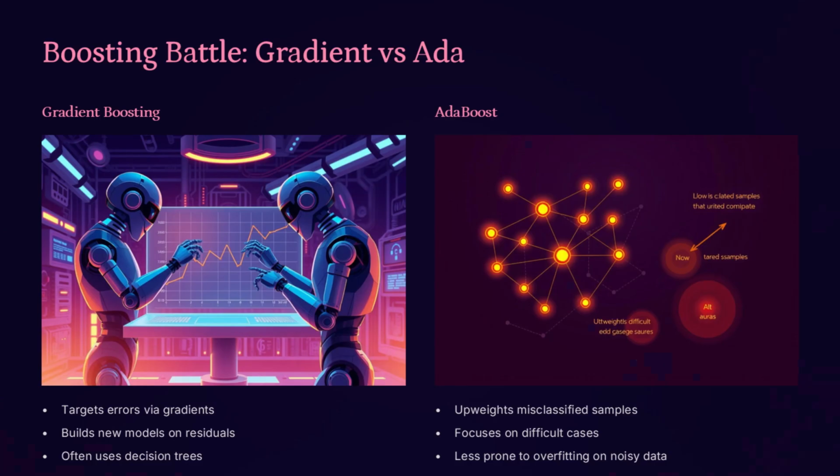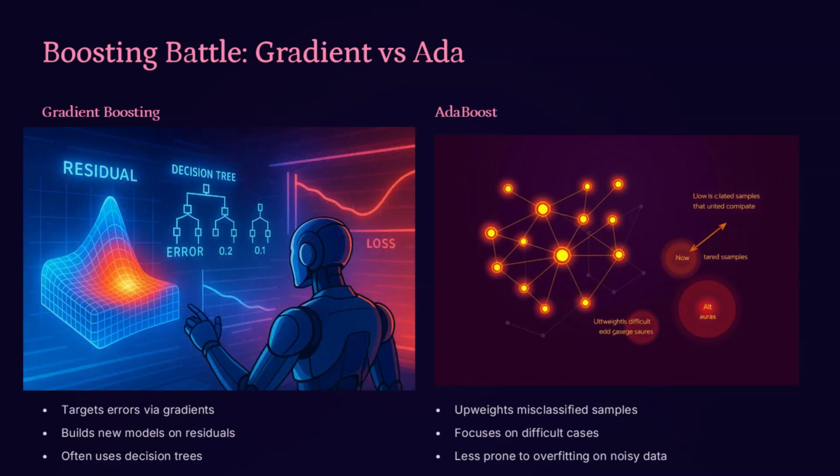It's time for a quick boosting showdown. Gradient boosting versus AdaBoost. Both are powerful ensemble methods, but they approach errors differently. Gradient boosting targets errors using gradients and builds new models on residuals, the leftover mistakes. It often uses decision trees and adjusts continuously based on loss.